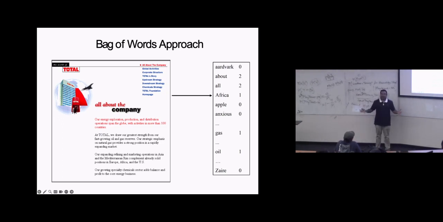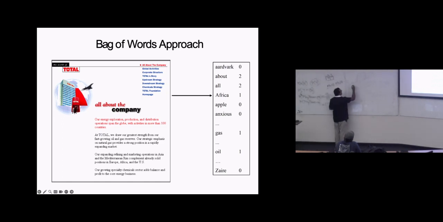What is x1, x2, x3 in terms of a document? Think about this. You have a document that has word 1, word 2, word 3, and so on, up to WN.